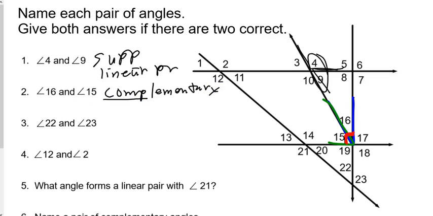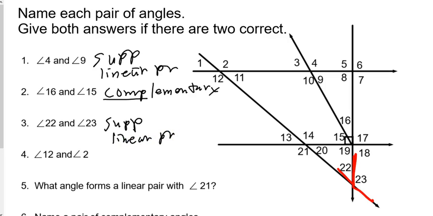And you can start abbreviating just with that. 22 and 23. Let's see where they are. 22 is right here. 23 is right here. So, like number 1, they are supplementary and a linear pair. 12 and 2. They are opposite each other. So those are vertical angles.